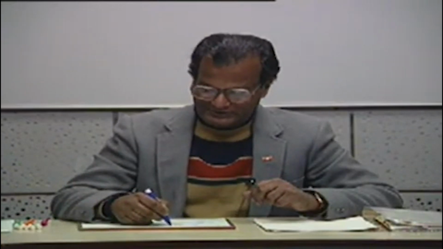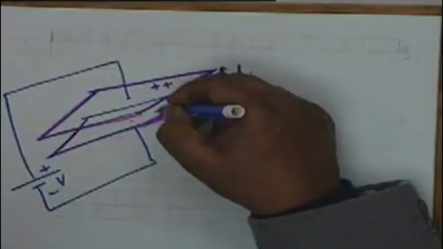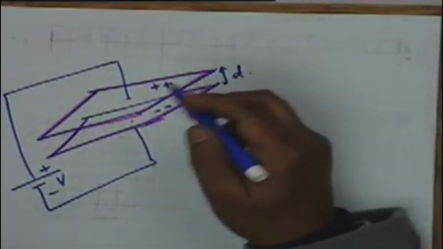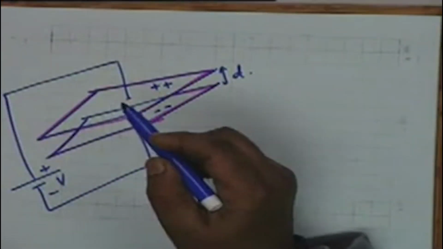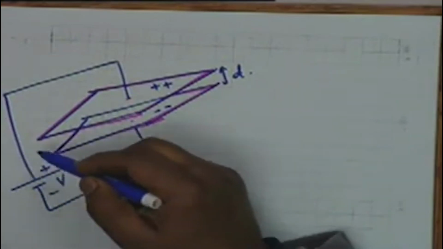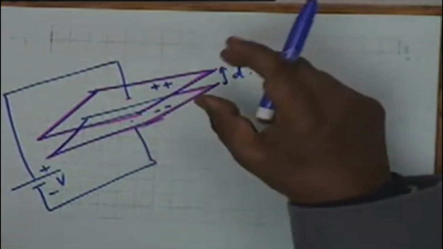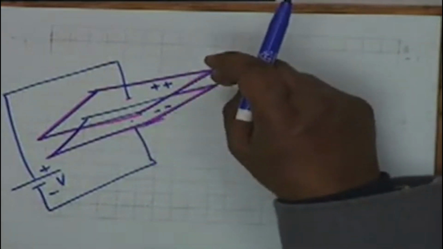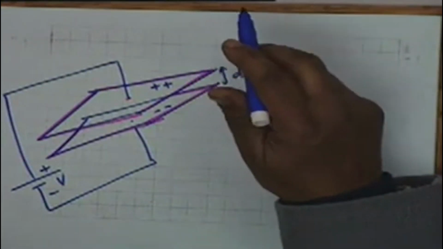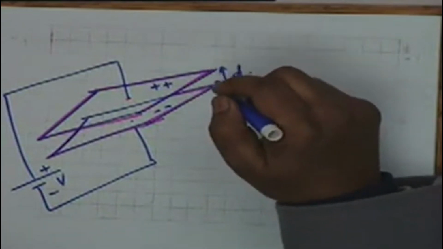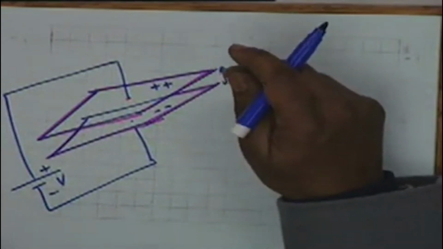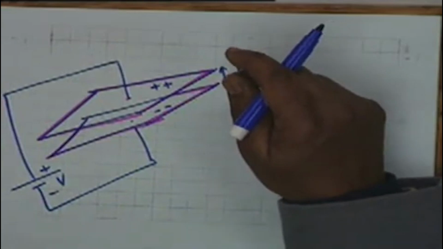Then you know that the upper plate shall be charged positively and the lower plate shall be charged negatively. Now if I disconnect the battery, the charges remain, and therefore this device is capable of storing electrical charge. The charge does not disappear as soon as the battery is disconnected.